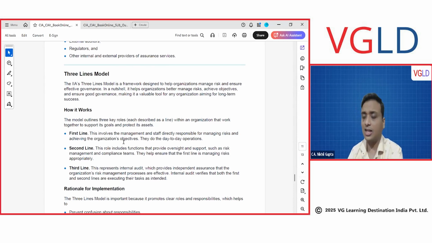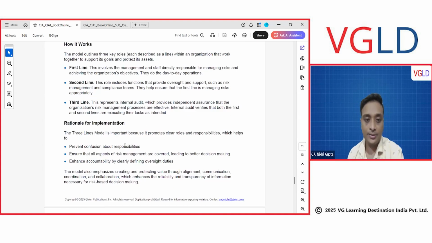And finally, the third line, which covers external auditors and internal auditors. From the internal audit standpoint, this represents internal audit, which provides independent assurance that the organization's risk management processes are effective. Internal audit verifies that both the first and second lines are executing their tasks as intended.